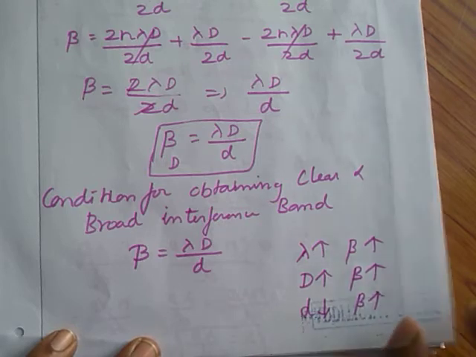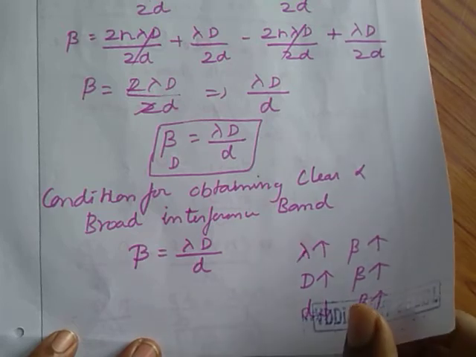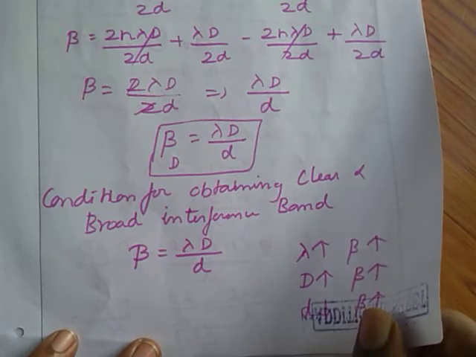Here in this experiment we use monochromatic light. In Young's double slit experiment we use monochromatic light, then we get an interference pattern with a central bright band, and alternate bright and dark bands. That means if we use red color, the center region will be red, the corresponding regions next to it are dark, and followed by that we get red again. If we use white color, that means polychromatic light.